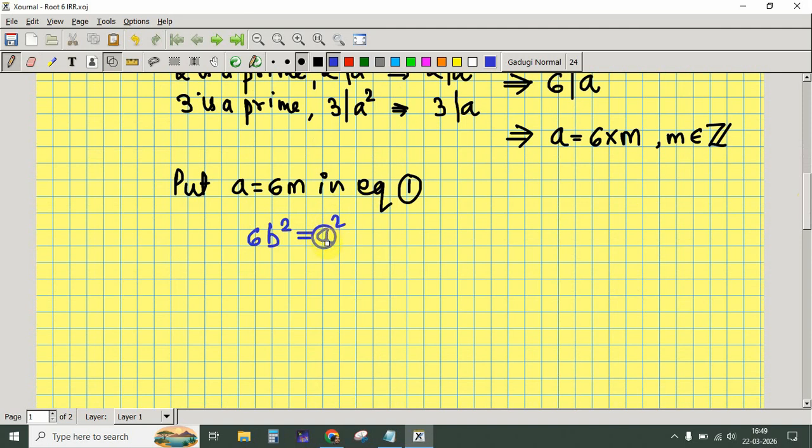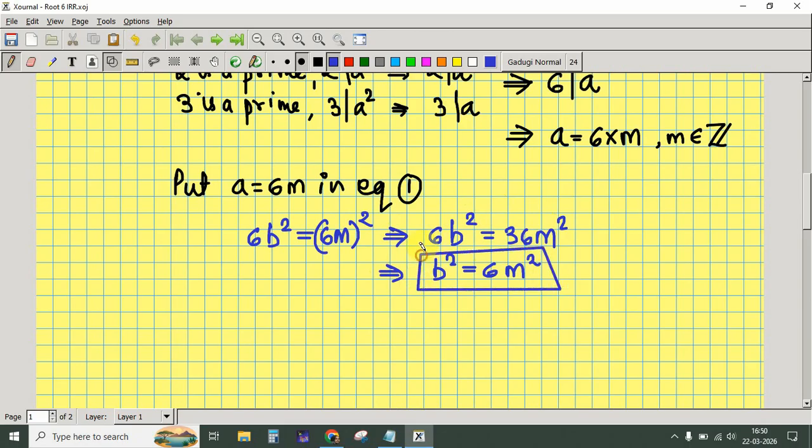So A की जगह 6M. So 6M and its whole square. So what I have is 6B square equals 36M square. So 6 cancels this 36 and I have B square equals 6M square.